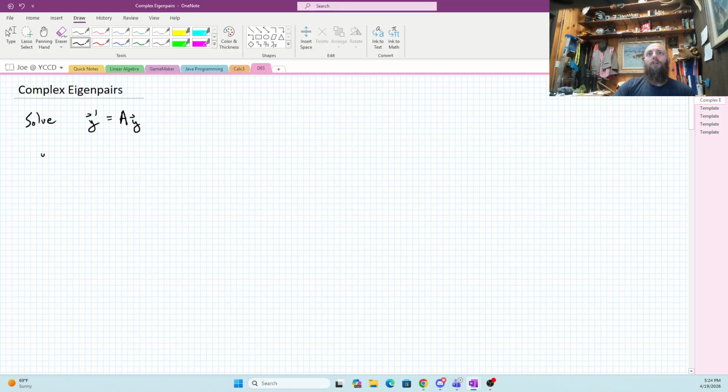My usual answer is y is c1 times e to the first eigenvalue times t times the associated eigenvector, plus c2 times e to the second eigenvalue times t times the second eigenvector, and so on until I run out of eigenpairs. So I'll get to cn e to the lambda n t xn.